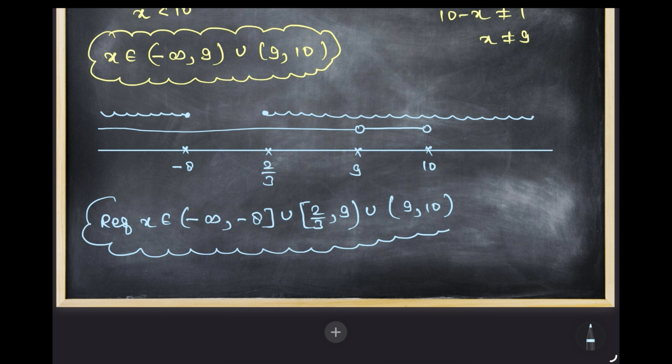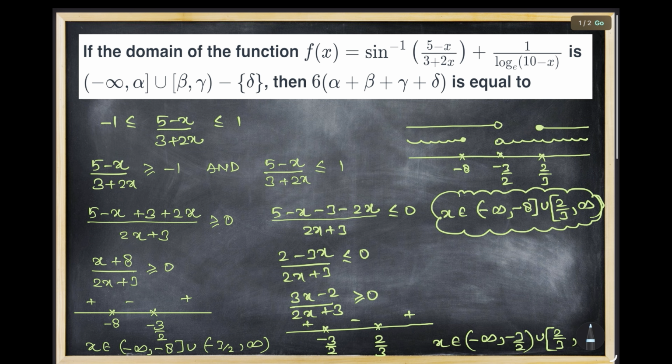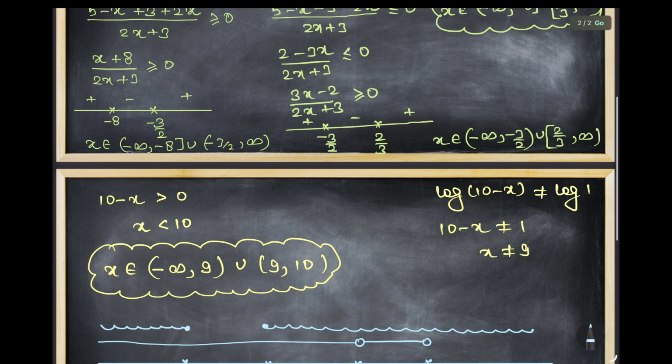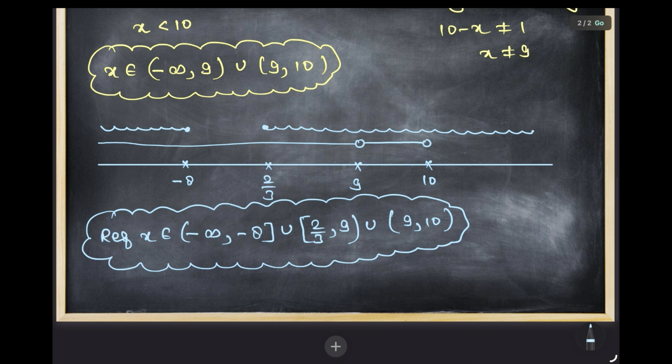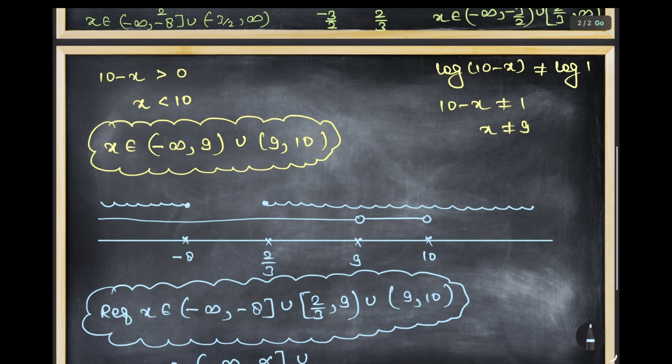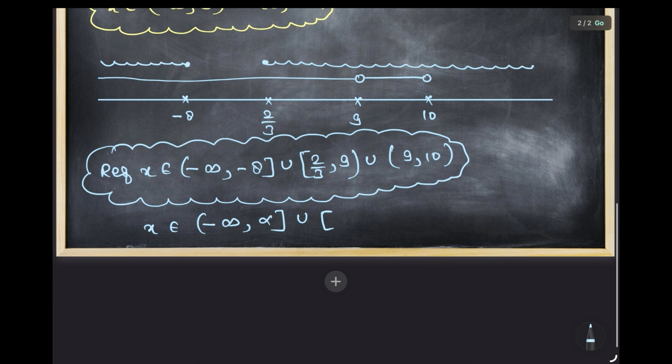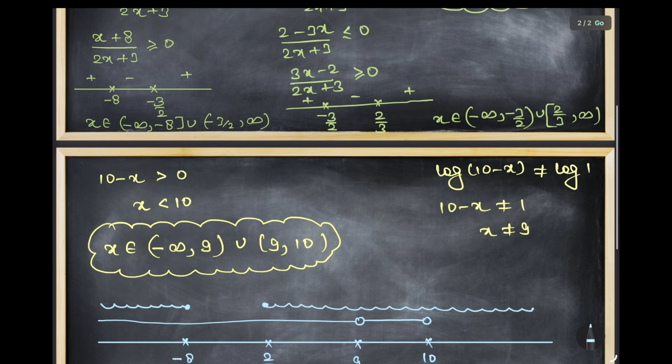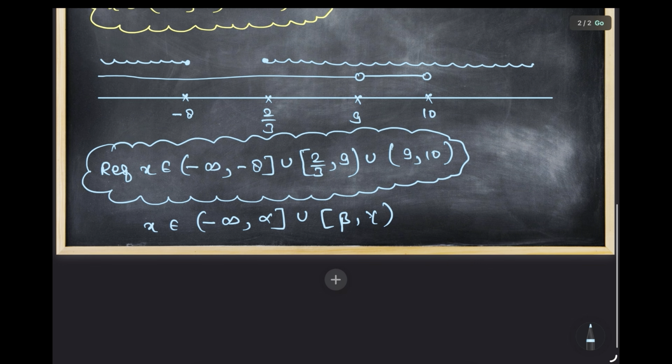Now I will compare this answer with the question: it goes minus infinity to alpha, then beta to gamma, and then minus delta.